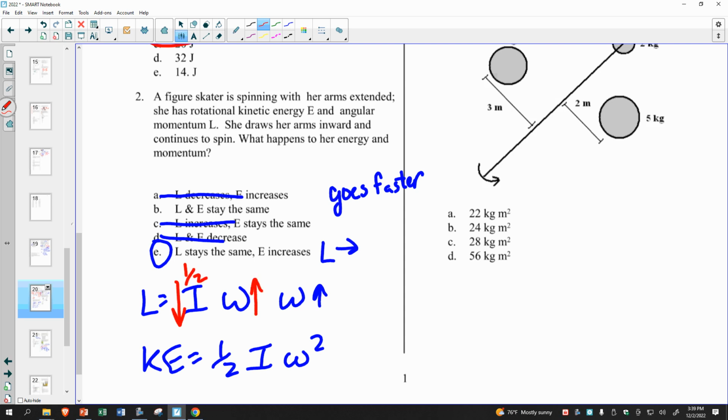That means that omega goes up, for example, by a factor of 2. Whatever one does, the other does the opposite. So if I have a 1/2 here and a factor of 2 here, then I have a 2 over here because the omega is squared. If I double it, I'm actually quadrupling the contribution, where I only have a factor of 1/2 for I. So if she speeds up, she's going to have a greater energy.